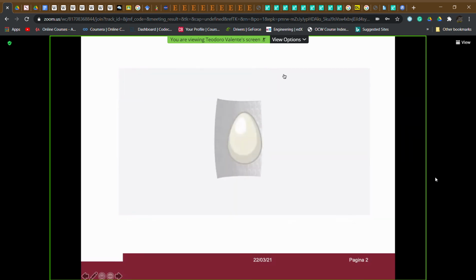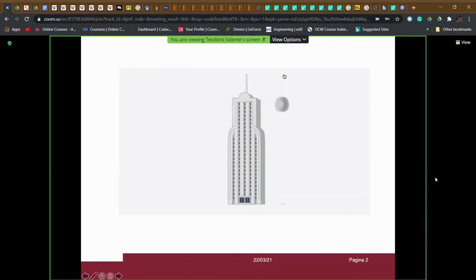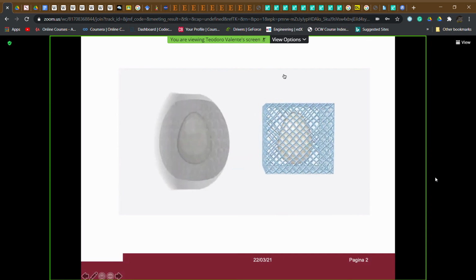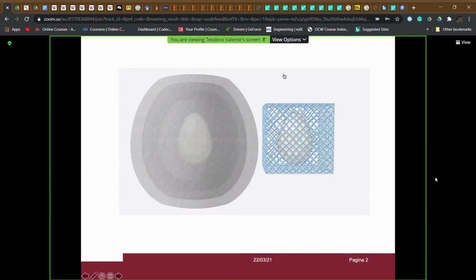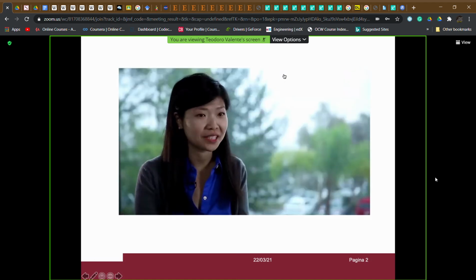They would probably wrap it in many, many layers of bubble wrap and then drop it and hope for the best. But what we can do is back design the microlattice to absorb the force that the egg feels. So instead of having an egg that's wrapped in 3 feet of bubble wrap, now you have a much smaller package that your egg can sit in.